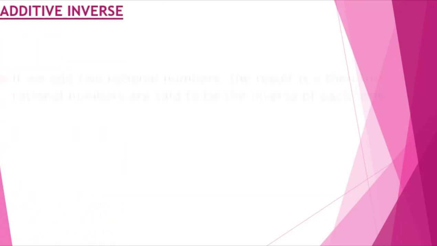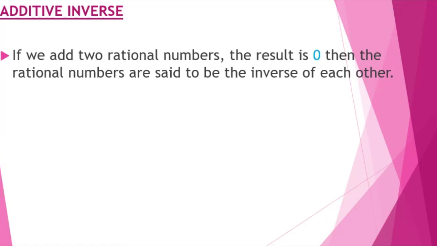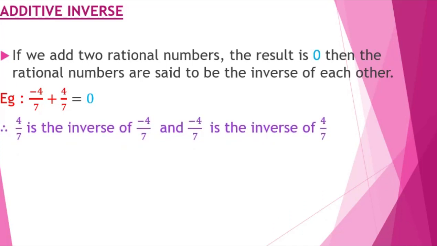Next is additive inverse. What is the meaning of additive inverse? That means if we add two rational numbers and the result is 0, then the rational numbers are said to be the inverse of each other. That means minus 4 upon 7 and 4 upon 7, if we are adding, we get 0. So, minus 4 upon 7 is the additive inverse of 4 upon 7 and 4 upon 7 is the additive inverse of minus 4 upon 7.